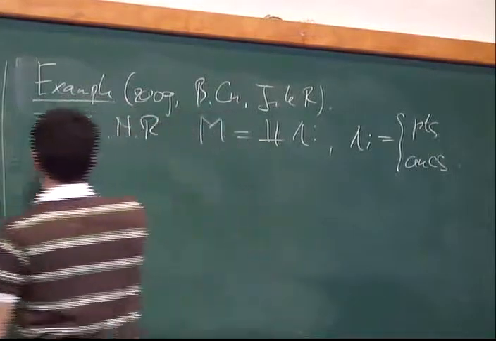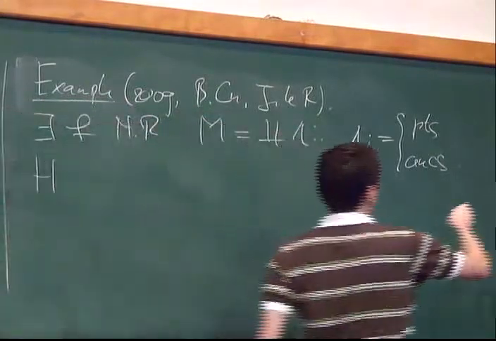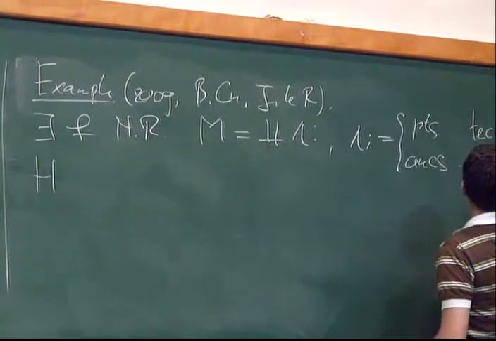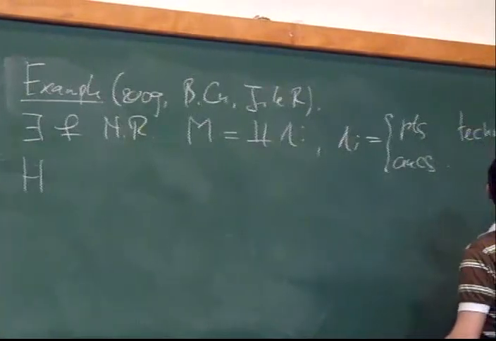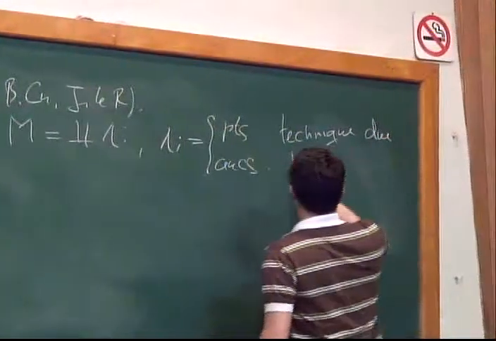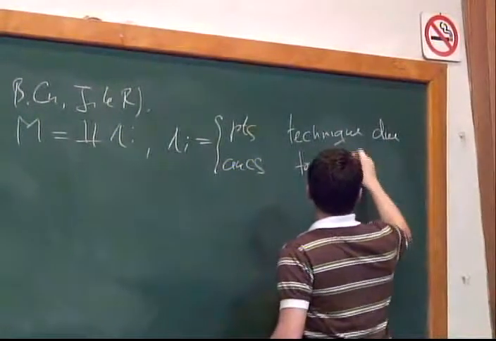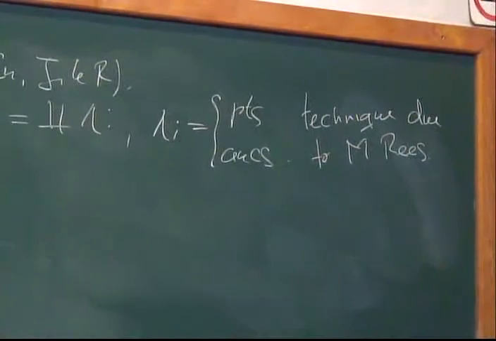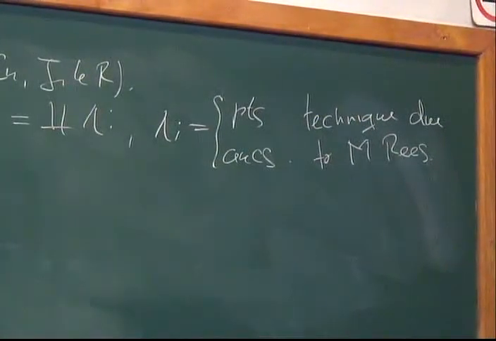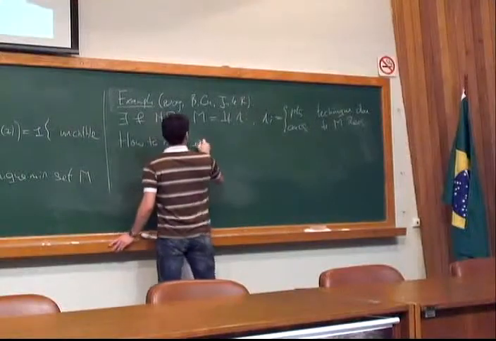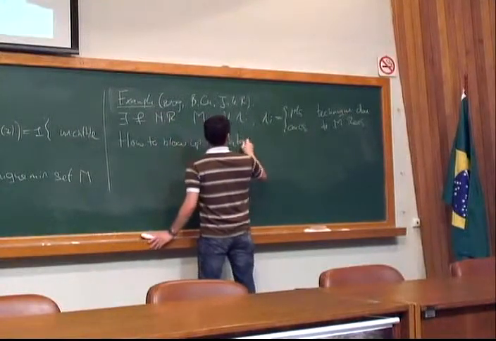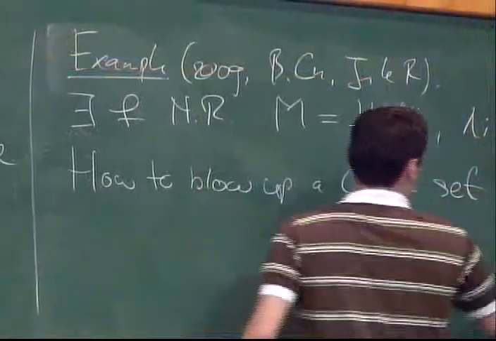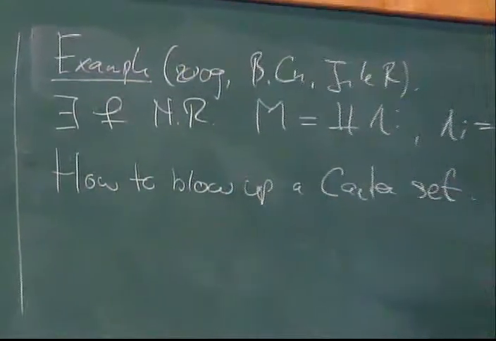So how do you blow up a Cantor set? Well, they do it by using a technique due to Mary Rees. I do it slightly differently. So you start with a simple model.